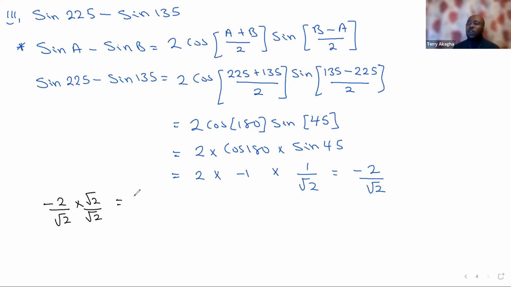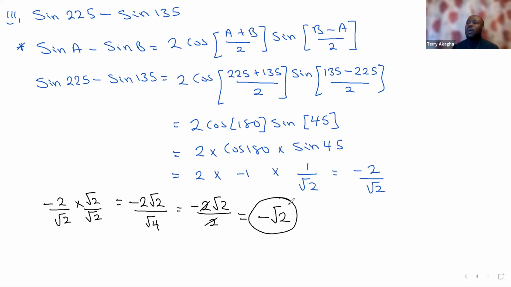So when you now do this, it will be minus 2 root 2 divided by root 2 times root 2, which gives you root 4, and that is the same thing as 2. This 2 cancels this 2, and then you have minus root 2. So the answer for sine of 225 minus sine of 135 is going to be minus root 2. And that is that.